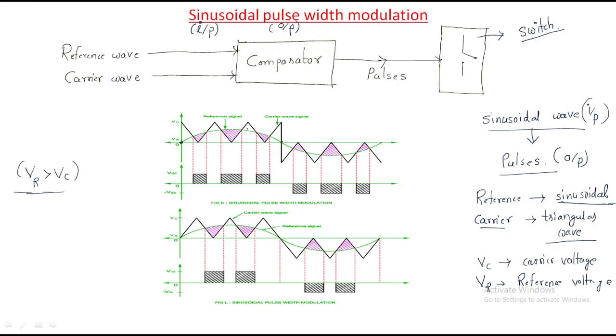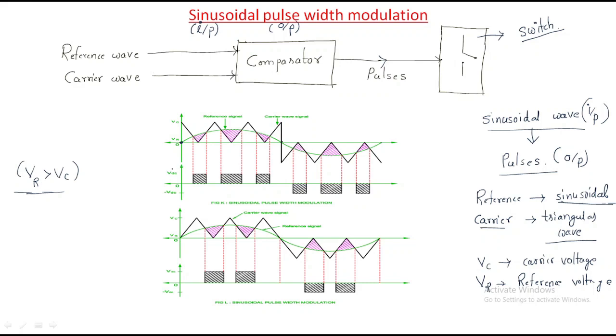This area also. In this area, the carrier wave dominates more than the reference, and we shade that area. Just simply shade that area. This is for the positive cycle and this is for the negative cycle.